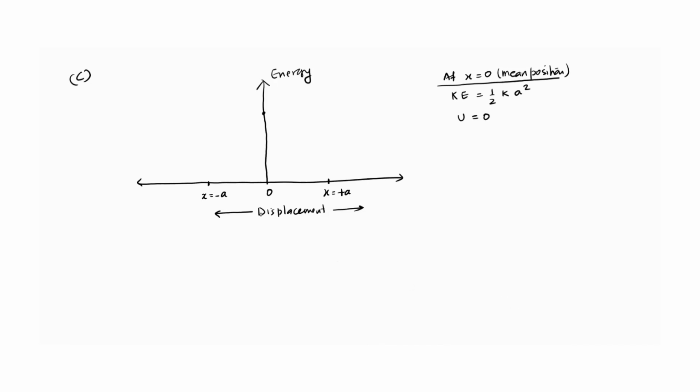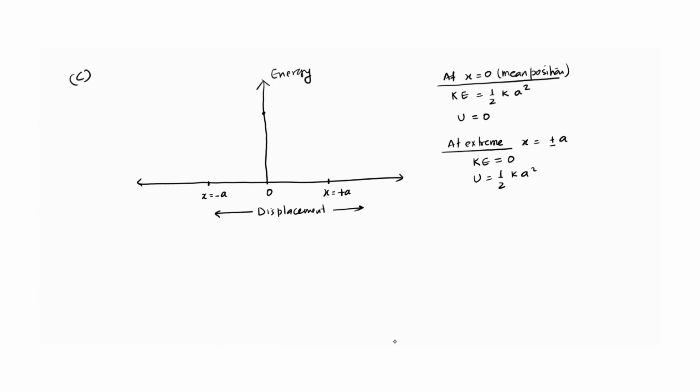Clear? And at extreme position, that is X corresponds to plus minus A, kinetic energy equals 0 and potential energy equals half K times square of the amplitude.